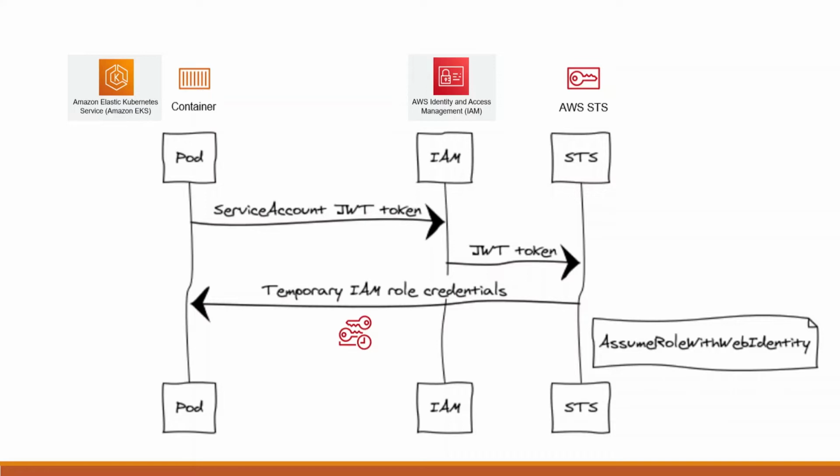The AWS IAM supports federated identities using OIDC and is able to validate and accept the JWT token and then sends it to AWS STS, which calls the AssumeRoleWithWebIdentity API and generates temporary IAM role credentials and sends them to the pod. The pod can use these credentials to access the AWS services as per the IAM role policy.